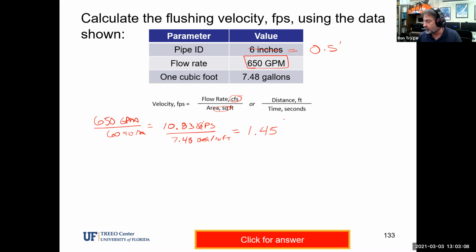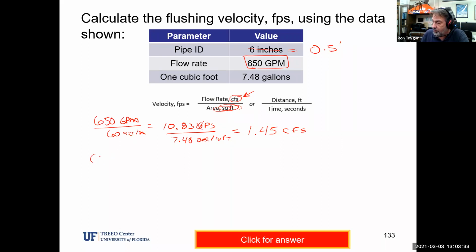It's cubic feet per second, CFS. All right, so we've got cubic feet per second, and that's what we need right here. We already converted the inside diameter of the pipe from inches to feet, and now we need the square footage of the cross-sectional area of the pipe. So let's work that out. How do we do area of a circle?